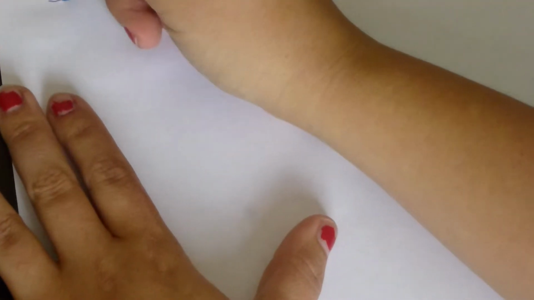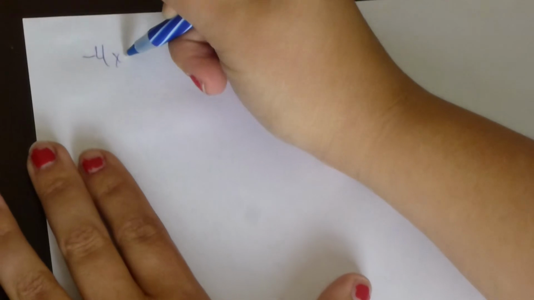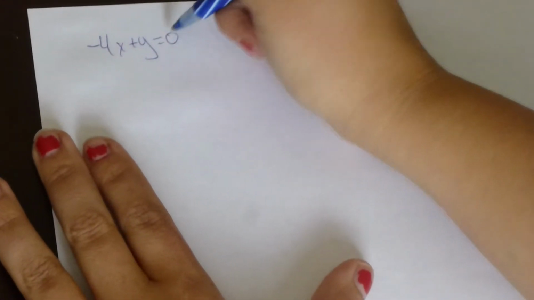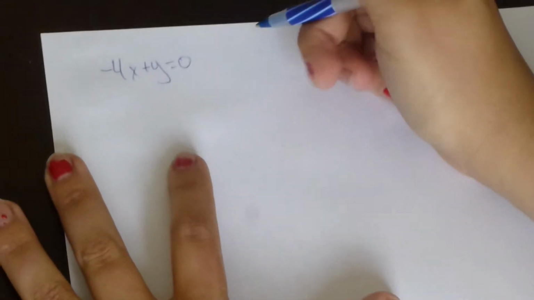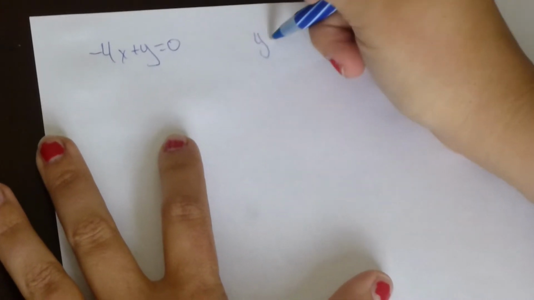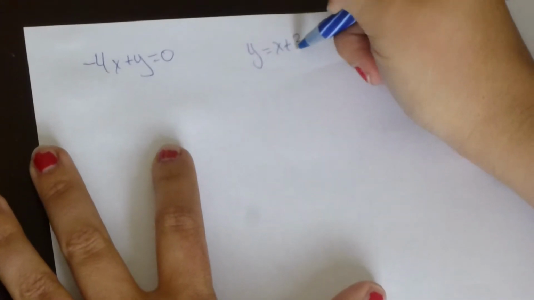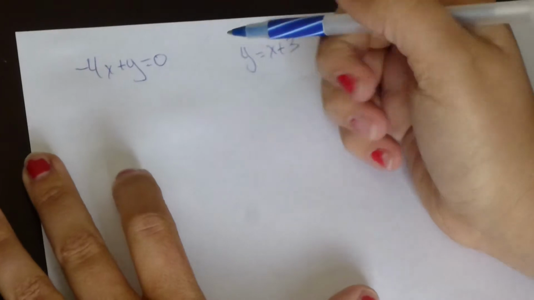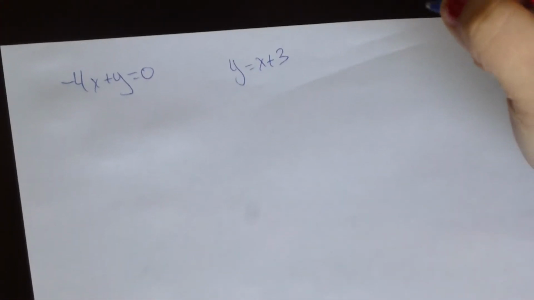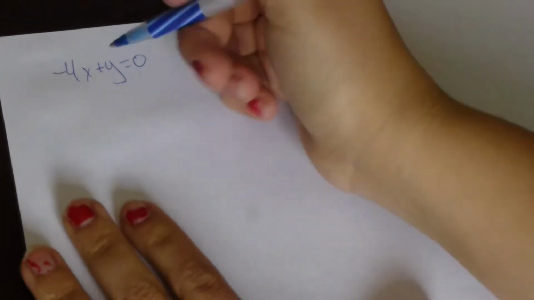So, first and foremost, negative 4x plus y equals 0 is not in slope-intercept form, while y equals x plus 3 is. So to get negative 4x plus y equals 0 into slope-intercept form, we use the commutative property.